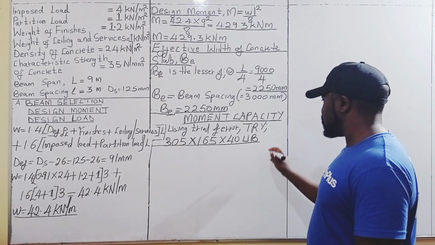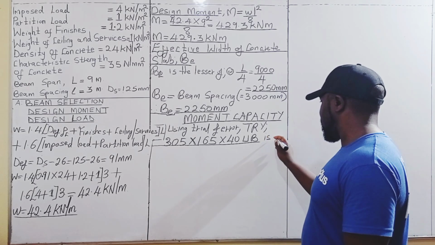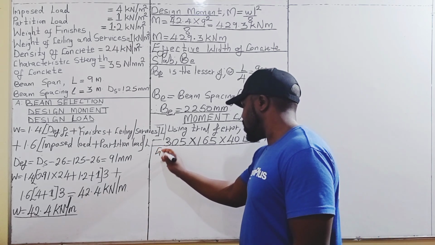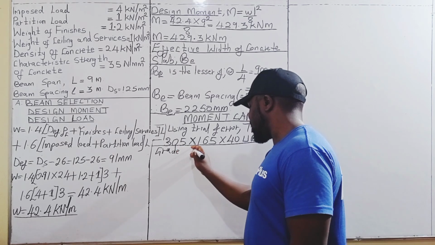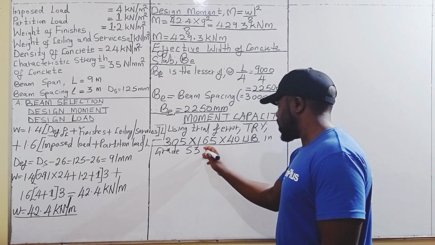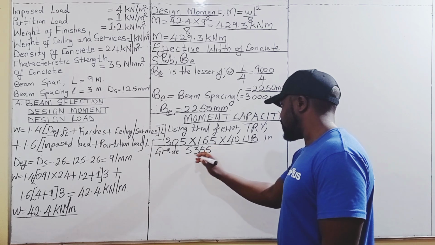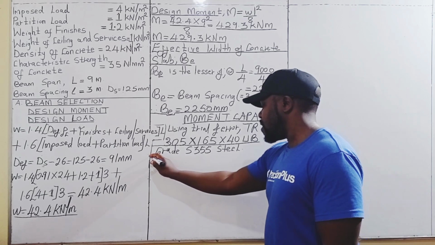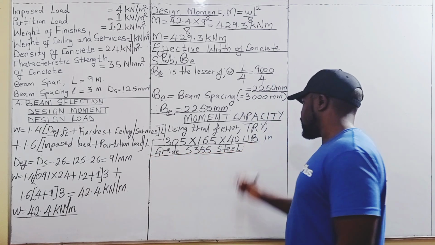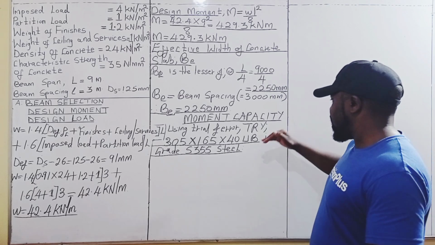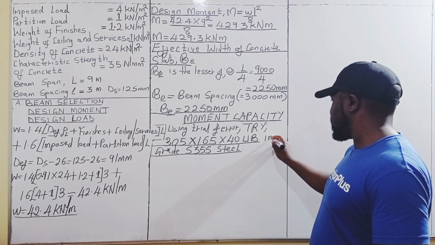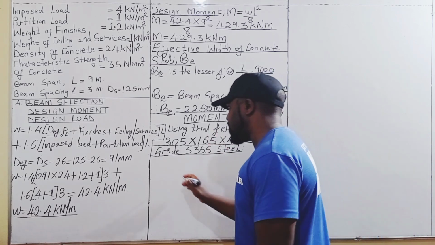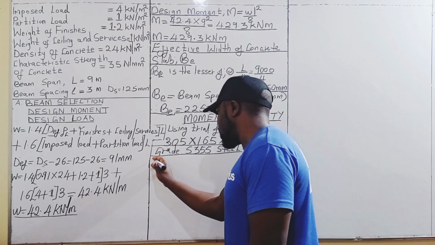And this UB section will be of grade S355 steel section. Then after selecting a section by use of trial and error, we are going to determine the resistance of the concrete flange.